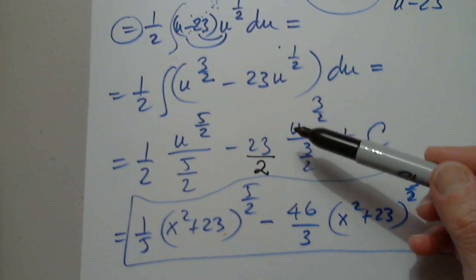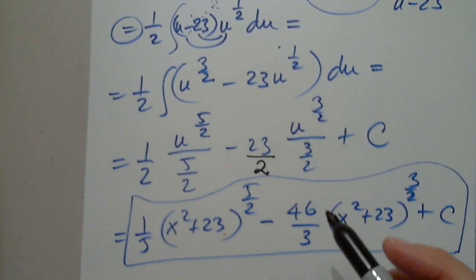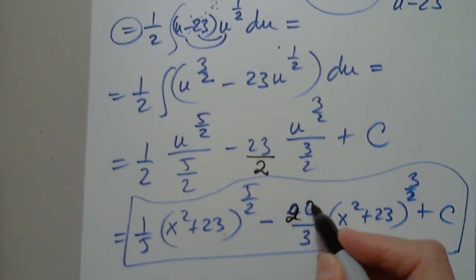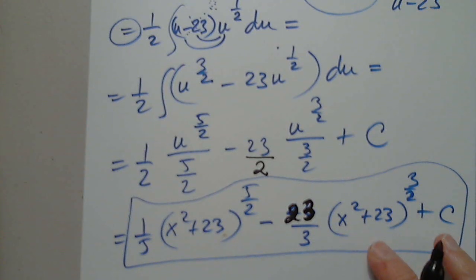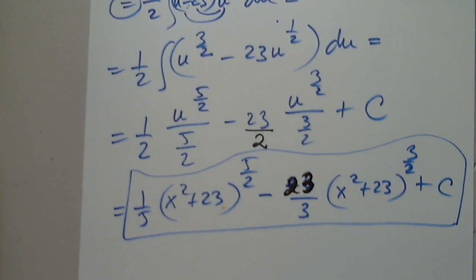So when I flip that, it's just 23 over 3. Sorry about that. If it doesn't give you the points, I'll give it to you. It should be 23 over 3. Yeah, I have that now.